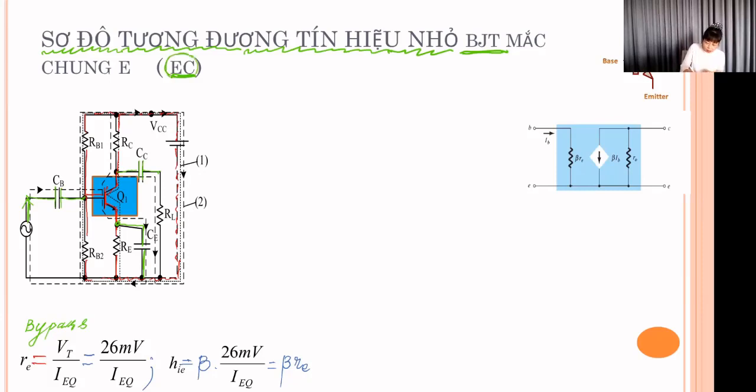Common emitter. What is common emitter? It means we have the output voltage characteristic, right? This is output current, this is output voltage. You should learn this by heart.